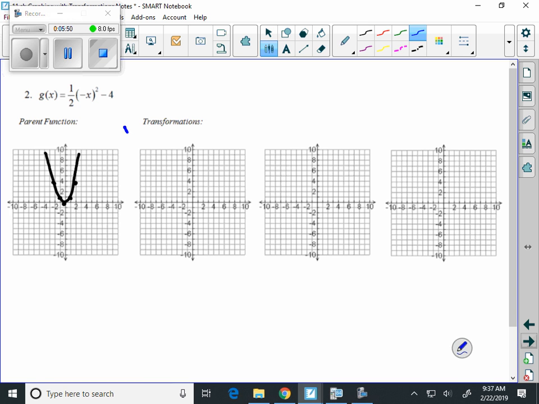The 1/2 in front of the function means that we're going to vertically compress this graph by 1/2, and it's a vertical change, which means only the y value changes. As we start our graph, our vertex is still going to be 0, 0.